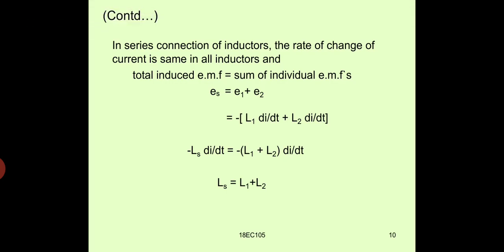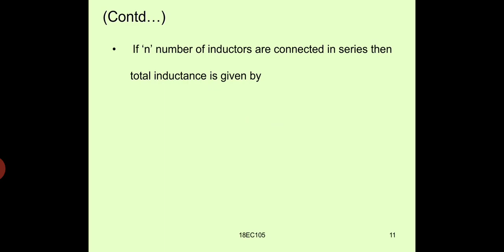Now let us see further. If there are n inductors connected in series, then the total inductance will be given by Ls, where Ls stands for the series combination equivalent. So the total inductance will be equal to L1 plus L2 plus L3 and so on until Ln.